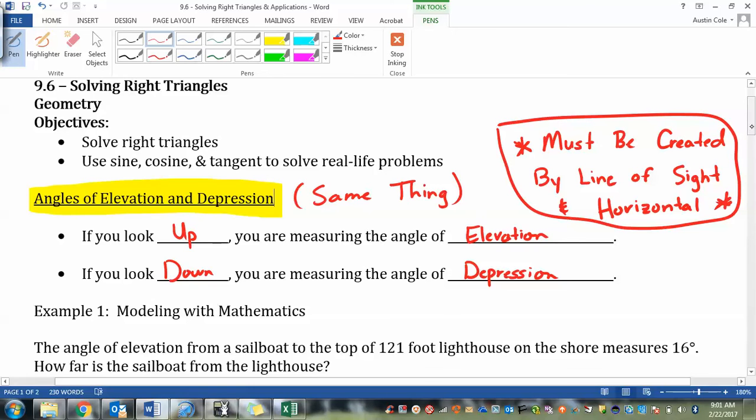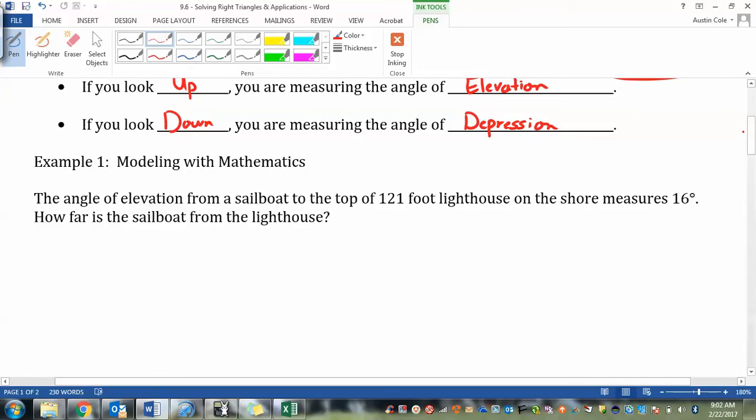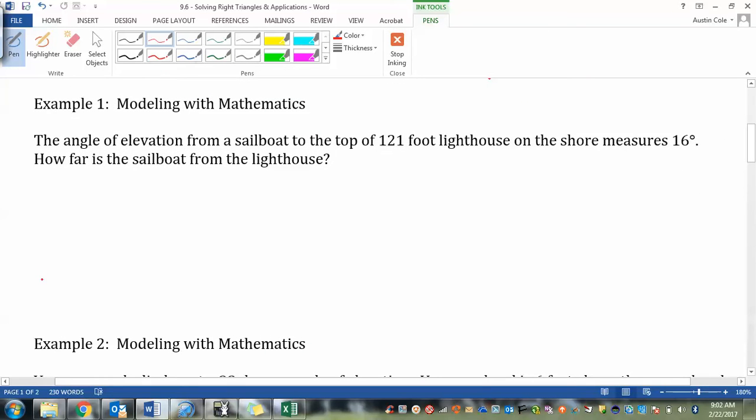So here we go. Example 1 says the angle of elevation from a sailboat to the top of a 121-foot lighthouse on the shore measures 16 degrees. Guys, I think a great option is to draw a picture every single time. Doesn't have to be elaborate, but there's a sailboat.